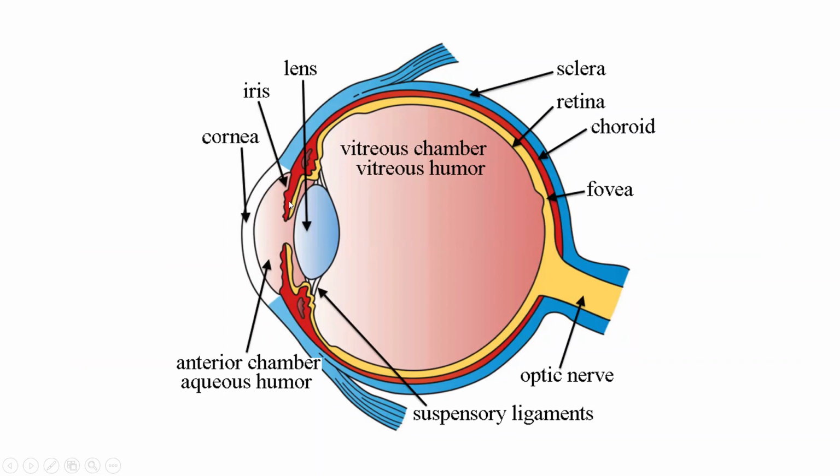This part right there is the iris. This part right there is the pupil, in between where the light is going to pass through. And this yellow part is the retina. The white part of your eye is the blue part. Okay.